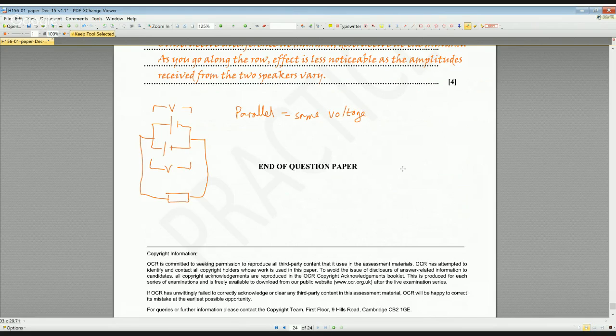However, in series, you would add up the EMFs. So if this was 3 volts and this was 3 volts, you would effectively have 6 volts there by putting batteries in series. If you open up a TV remote control, you'll see that the batteries are actually arranged in series so that you're building up a sufficient voltage to power the remote control.